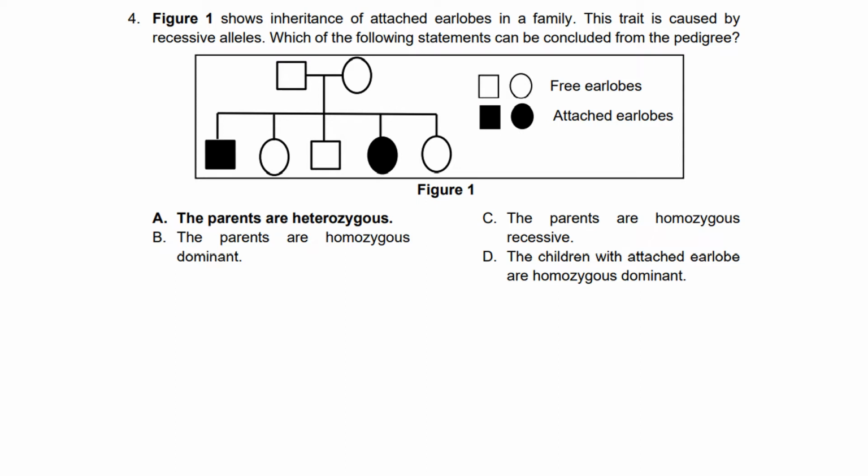Figure 1 shows the inheritance pattern of attached earlobe in a family. This trait is caused by recessive alleles. Which of the following statements can be concluded from the pedigree? For pedigree analysis, you can analyze the inheritance of traits that are controlled by a dominant allele or a recessive allele.